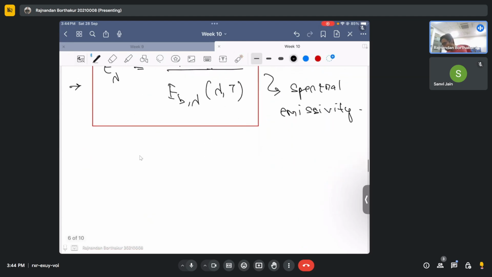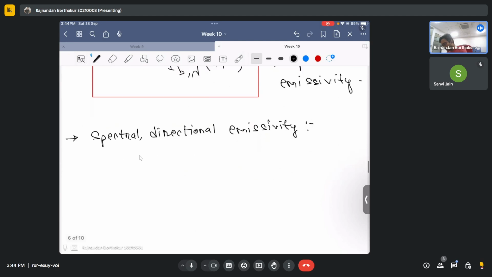Now you can also define something which is known as the spectral directional emissivity. It is defined as epsilon lambda theta, because it now shows directional dependence, and of course it is a function of lambda, theta, phi, and temperature T_b. It is the same analogy that we have drawn.